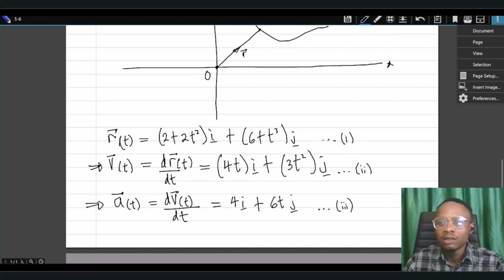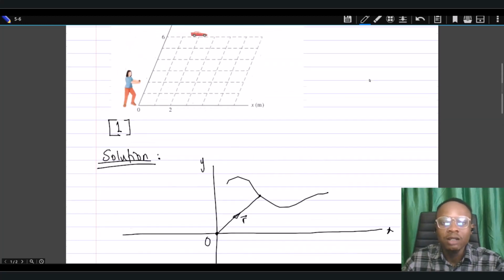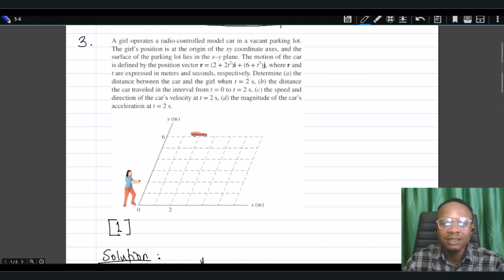So let us have an additional page here to proceed. Then let us see the first part of the problem. It says we should determine the distance between the car and the girl when t equals 2 seconds. Now, some English. Distance between a point and a point is simply the length of the straight line that goes from that point to the other. It is different from distance traveled.